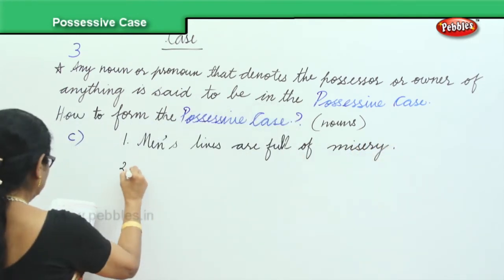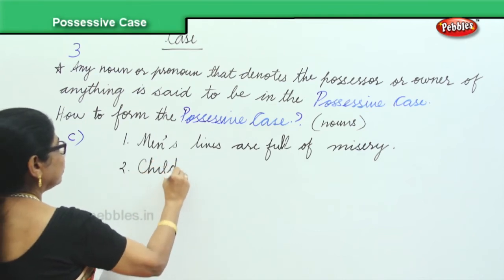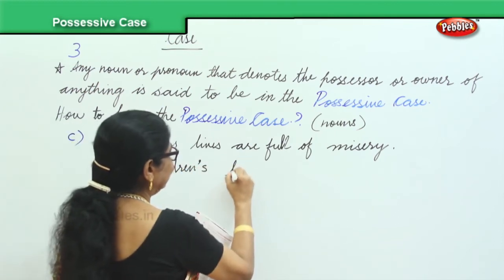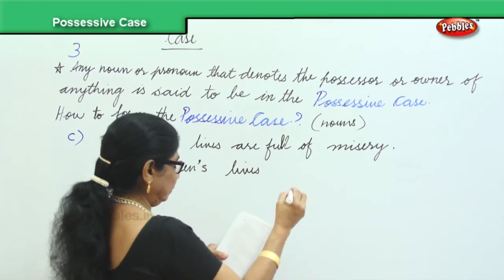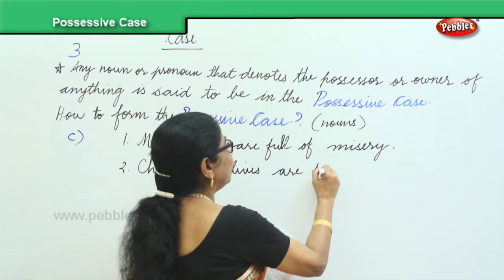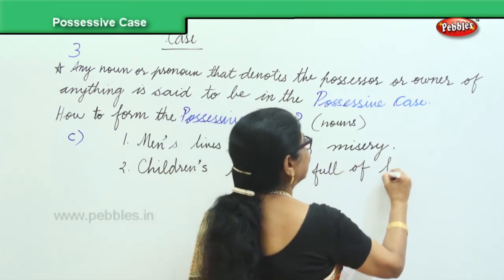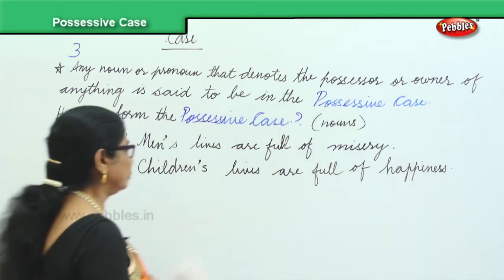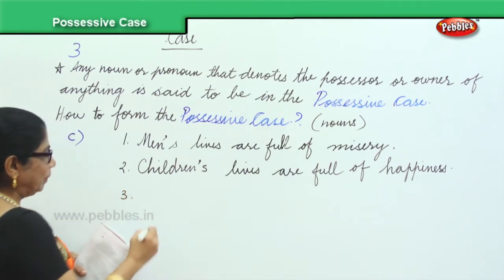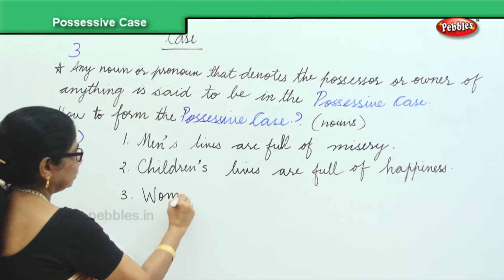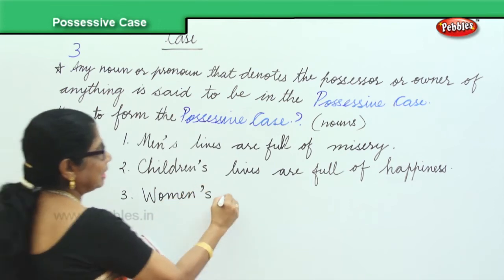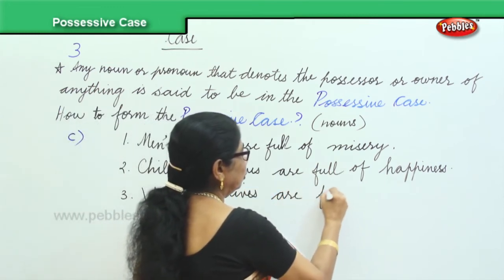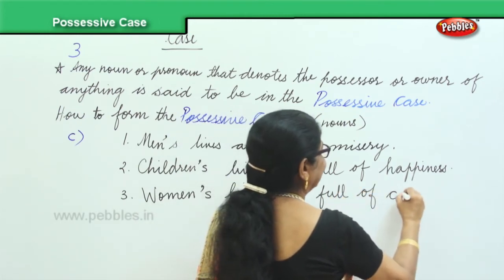Look at the sentence carefully. Children's lives are full of happiness. Women's lives are full of cares.